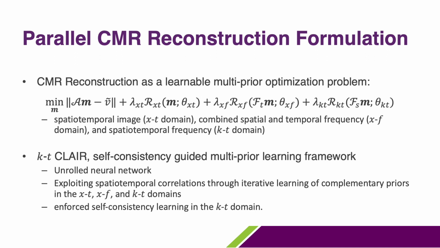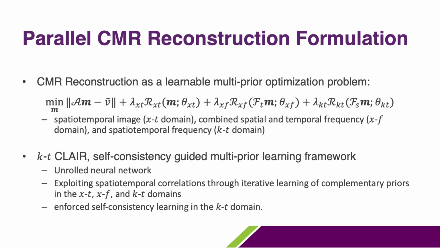Next, we propose CLAIR, a self-consistency guided multi-prior learning framework designed to solve this optimization problem. CLAIR leverages the power of unrolled neural networks to exploit spatial-temporal correlations by learning complementary priors in different domains.